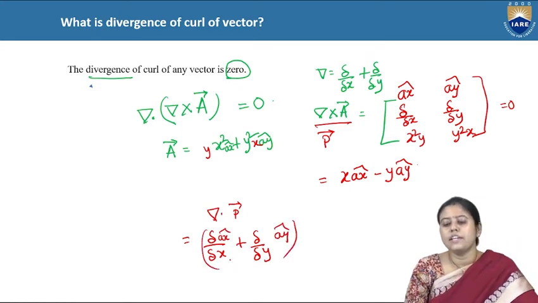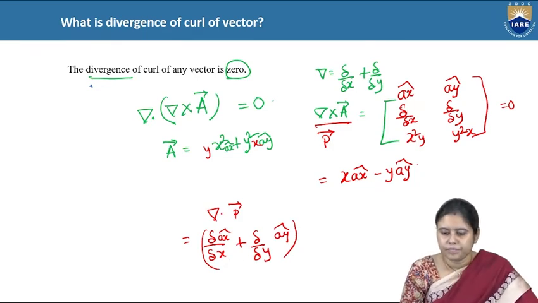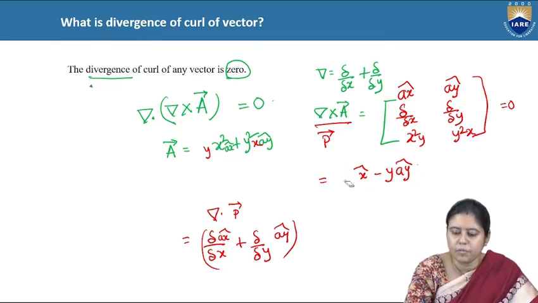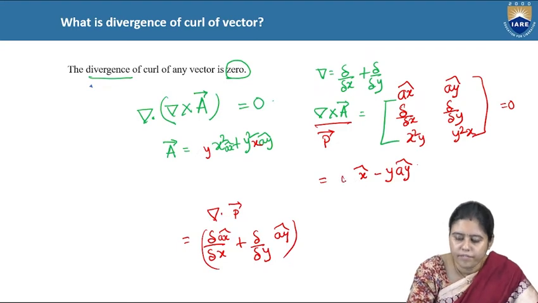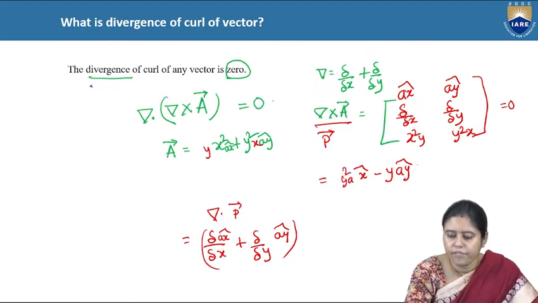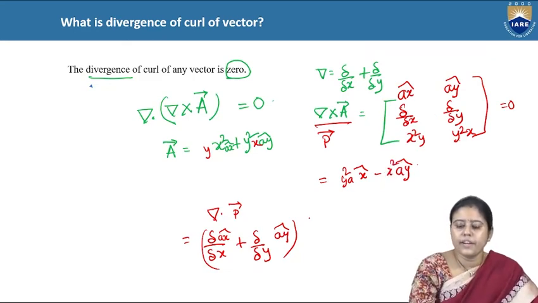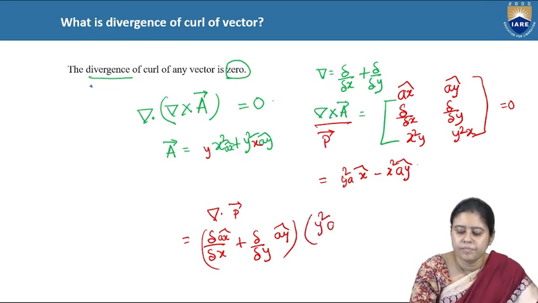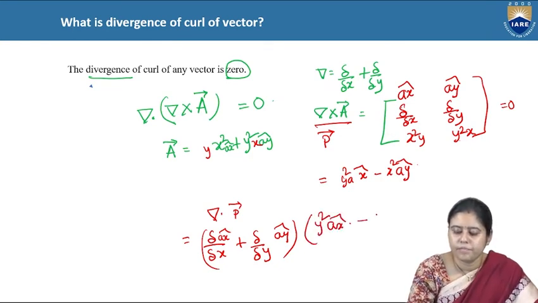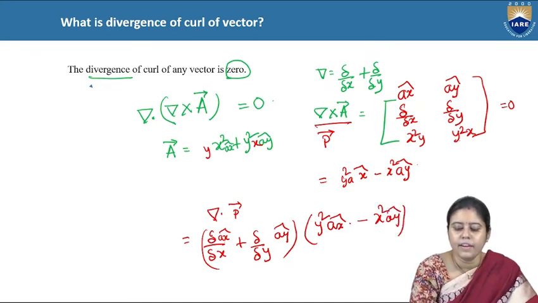If we calculate it, del y by del x is always 0, and this is constant with respect to x, and this is constant with respect to x.